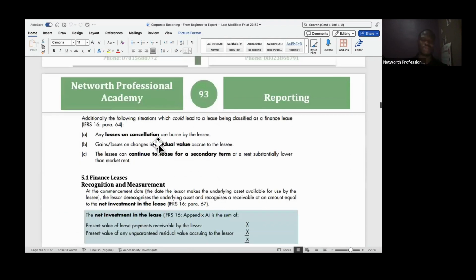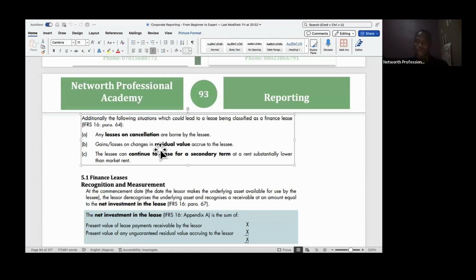And there are other points, these ones are not really major. They also indicate that the lease is a finance lease, but they're not as significant as the upper five. And what are these ones? This one is looking at when there are losses on cancellation, the losses will be borne by the lessee. I mean, that will only happen if there is cancellation. Or when there are changes in residual value, it will accrue to the lessee.